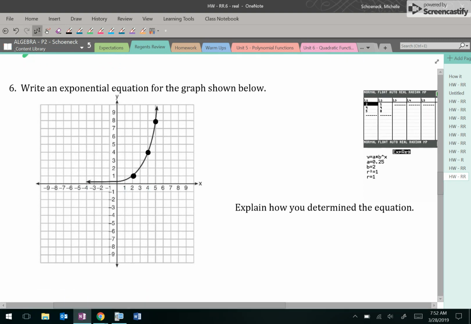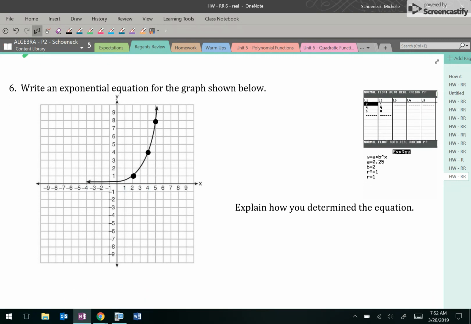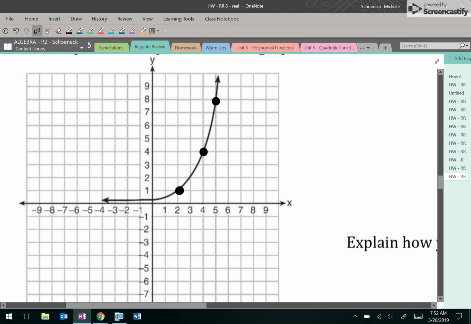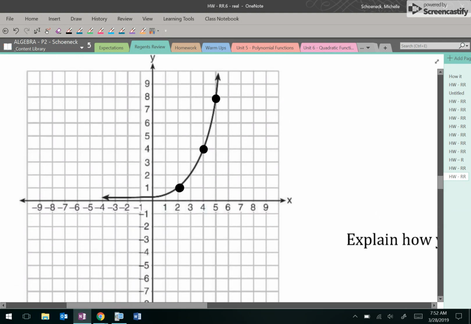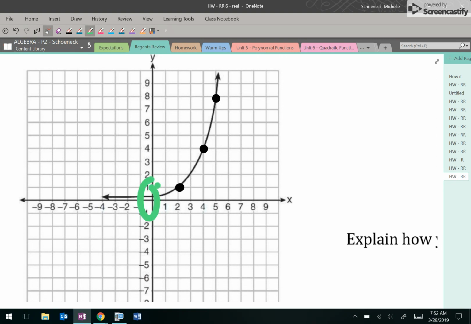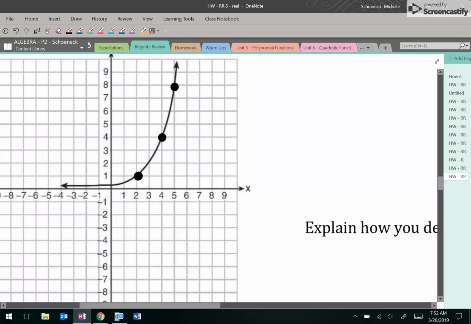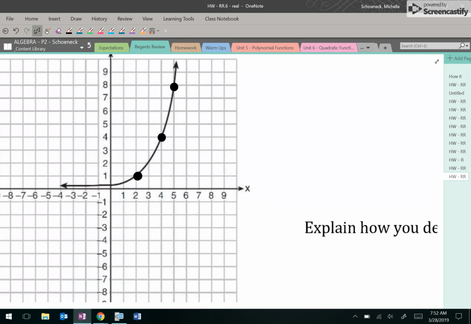Number 6, write an exponential equation for the graph shown below. Well, first thing we have to do is pick some good points. I can't tell what my y-intercept would be here. I think I'd be able to find the scale factor if I were to write these points in the table, but that y-intercept is tricky.